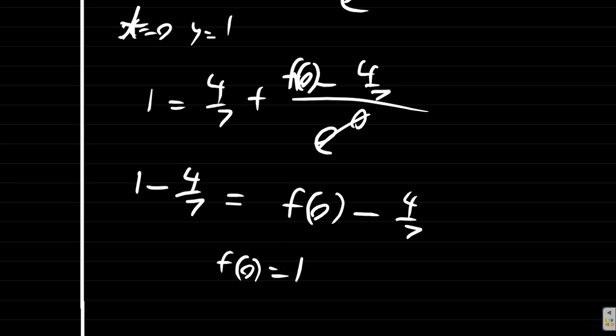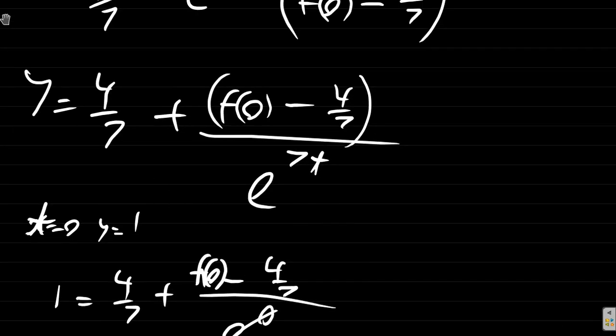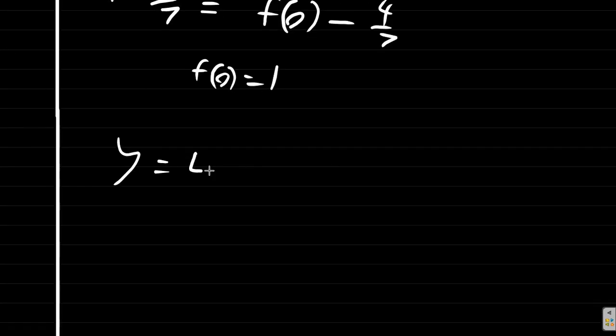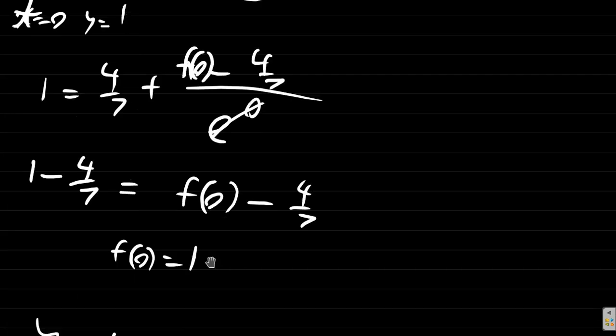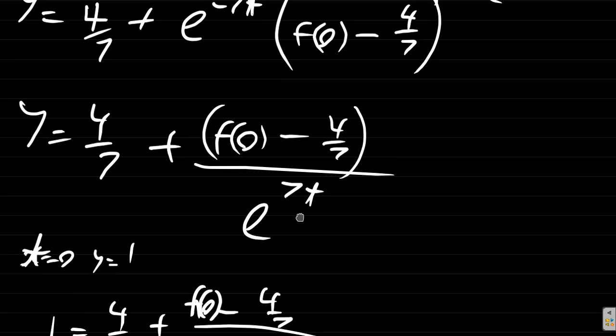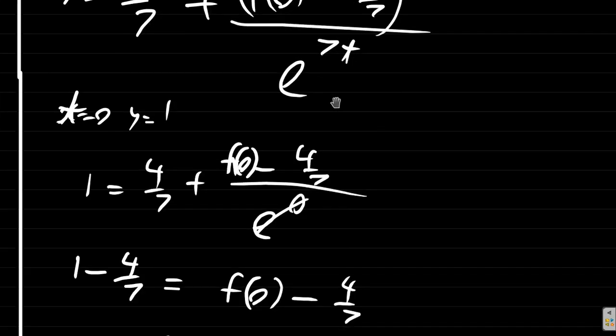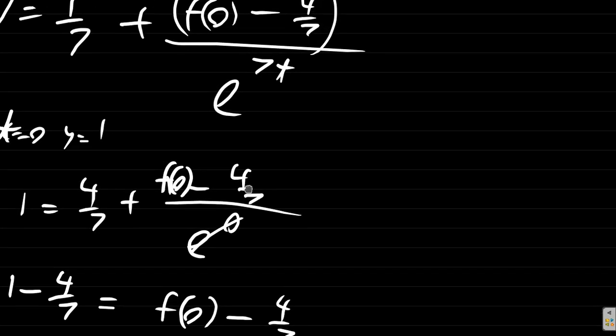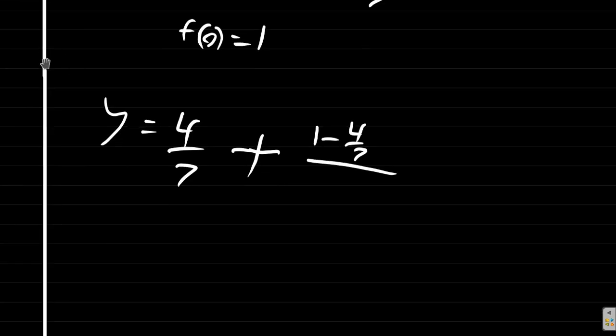So f(0) is 1, so y equals 4 over 7 plus 1 minus 4 over 7 divided by e to the 7t.